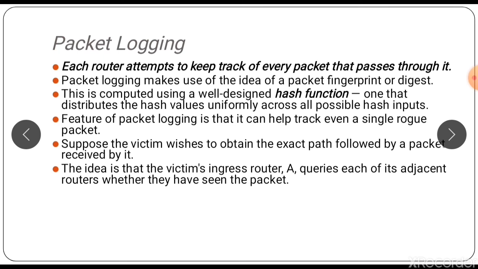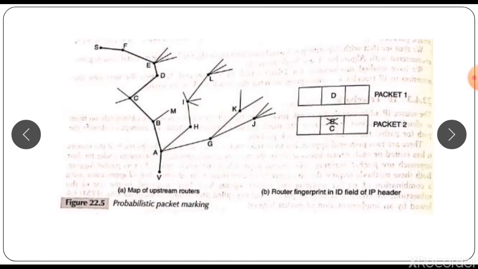First, we will assume that each router will store each packet received by it in the last 5 minutes. Suppose the victim wishes to obtain the exact path followed by a packet received by it. The idea is that the victim's ingress router, for example A, will query each of its adjacent routers whether they have seen that packet. In this example, A wishes to trace back the path of the packet.